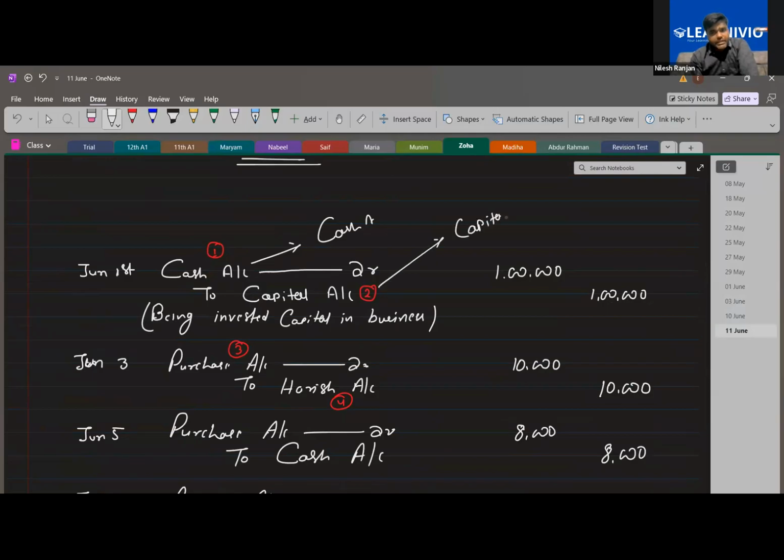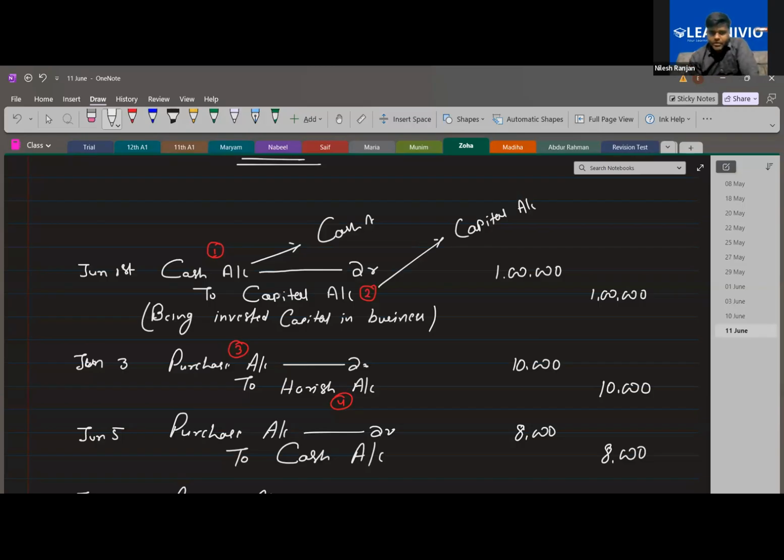Why? Because only these two names are written in the journal entry. Whatever name is written in the journal entry will be debited or credited in those accounts only. So it will not go to any purchase account or sale account. It will go in cash and capital.